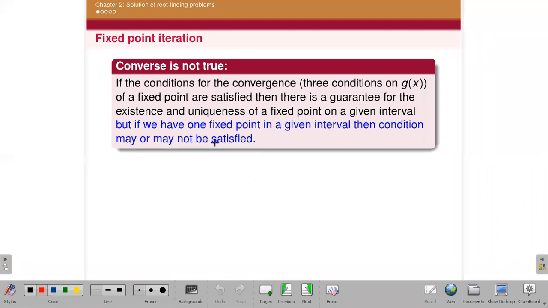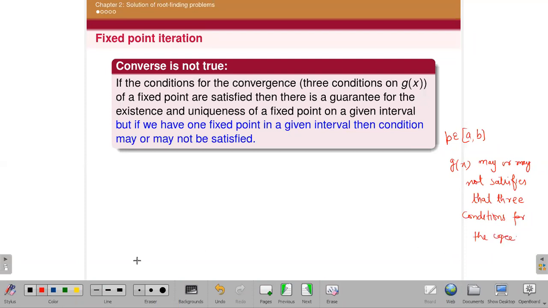So now, how can we show that if you have an interval that has a fixed point, then g of x may or may not satisfy those three conditions for convergence?